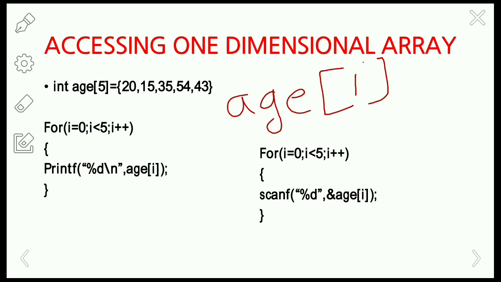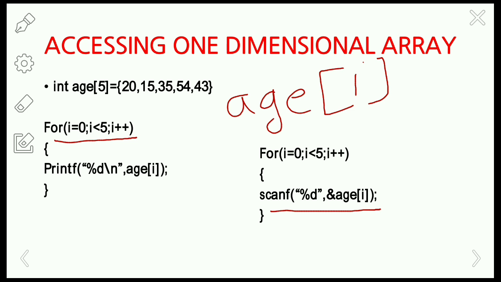Using the for loop, you can print the ages of all 5 persons. Similarly, if you want to read the ages into the array, you can use scanf("%d", &age[i]), and it is going to read the particular age of the person into the memory location.